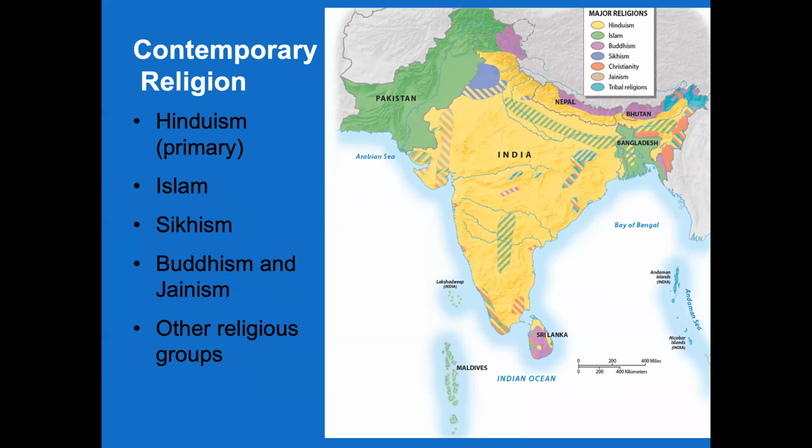Islam further west in Pakistan and Bangladesh. Clearly, the Christian influence in India has some genesis in the British colonial influence over the region. So it has sort of lasted well beyond the point when India became independent.